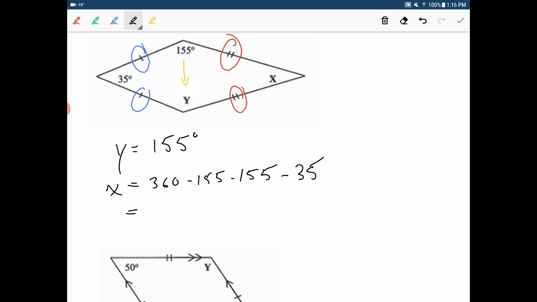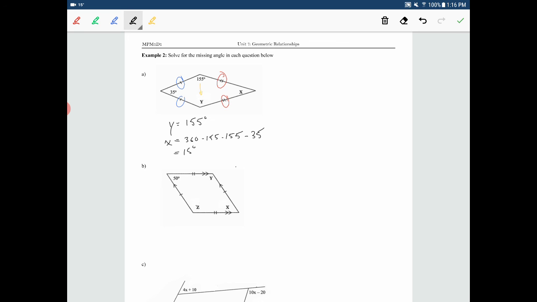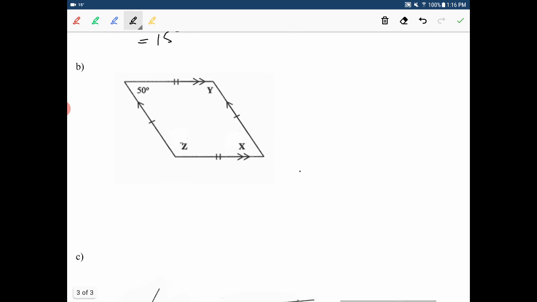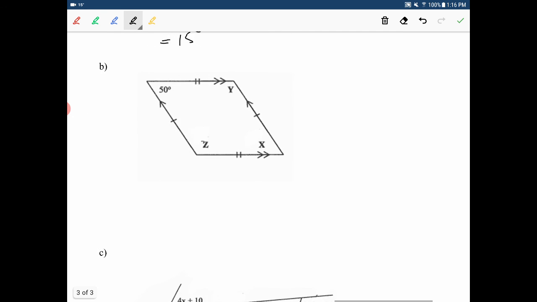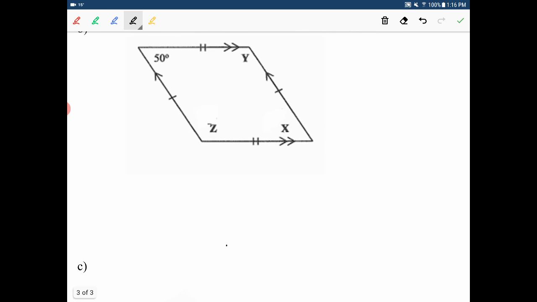So we're subtracting 345, so it's actually going to be 15 degrees, I believe. I haven't actually checked these with the calculator. I assume I'm correct, but you're welcome to double check and let me know if I've made a mistake. Okay, so let's look at this one. We got ourselves a parallelogram.